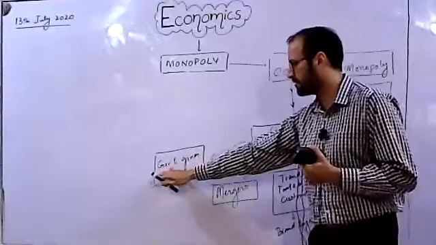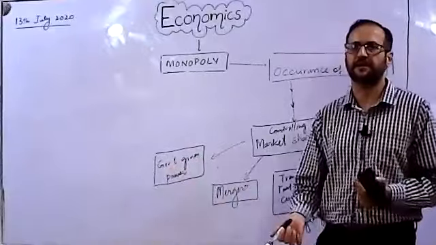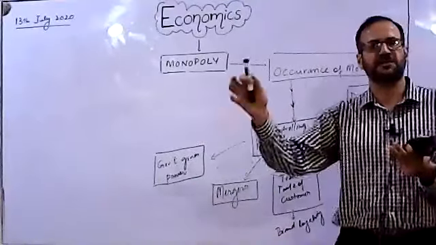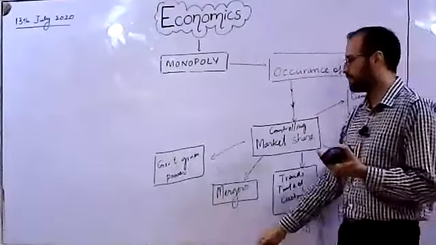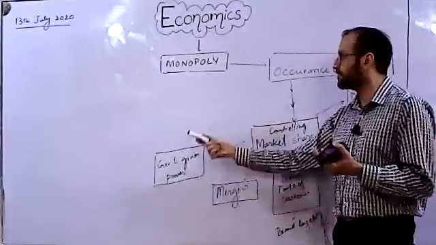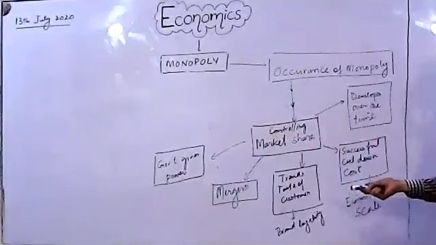Now, when it's about the government, we have already learned about it: WAPDA, Pakistan Railway, and Pakistan Steel Mills, etc. They are all examples of when the government is giving them a power to become a monopoly or to control the market share. So that exactly is another reason which we can add in the occurrence of the monopoly.